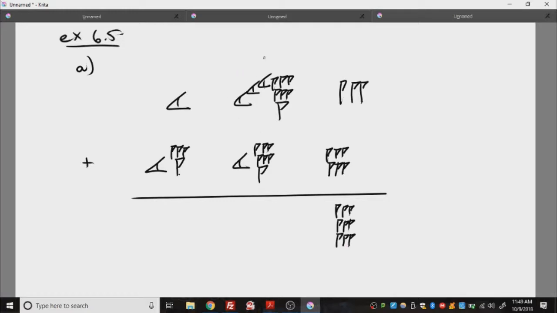Then I have in the middle column 37 plus 17. Try not to use a calculator here. Good practice. 37 plus 17 is 54. Does 54 fit? We're not counting in tens. We're counting in 60s.